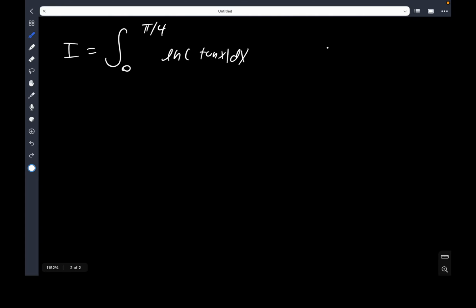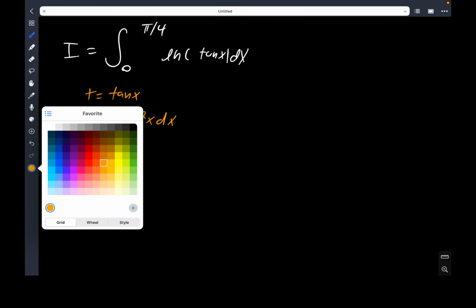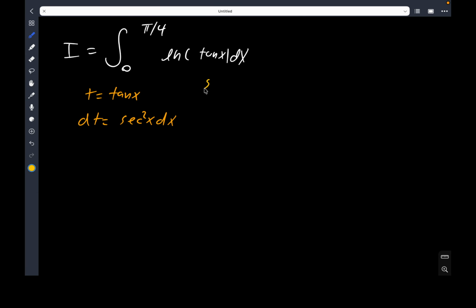So, first of all, I'm gonna go ahead and define the variable t equals tan x, and if I differentiate both sides with respect to x, I'm gonna get dt equals secant squared x dx, and we're gonna use the identity of secant squared x equals 1 plus tan squared x.